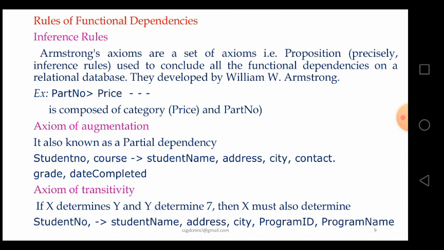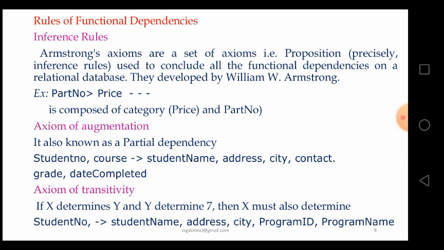A dependency diagram illustrates the various dependencies that may exist in a non-normalized table. The following dependencies are identified: project number and employee number combined is the primary key.